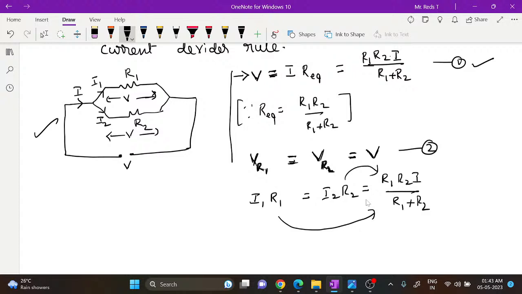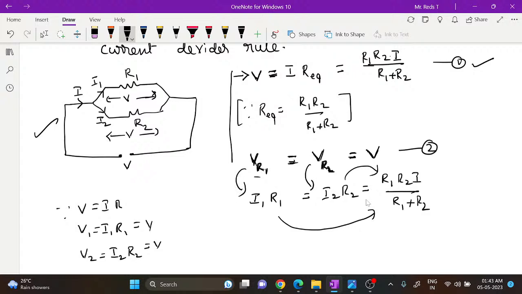From equations 1 and 2, if you substitute from Ohm's law, because V is equal to IR, V1 is equal to I1 R1 for the first resistor, and that is of course equal to V, and V2 is equal to I2 R2, which is also equal to V. Now, from equation 2, you can write V across R1 is I1 R1, and V across R2 is I2 R2.